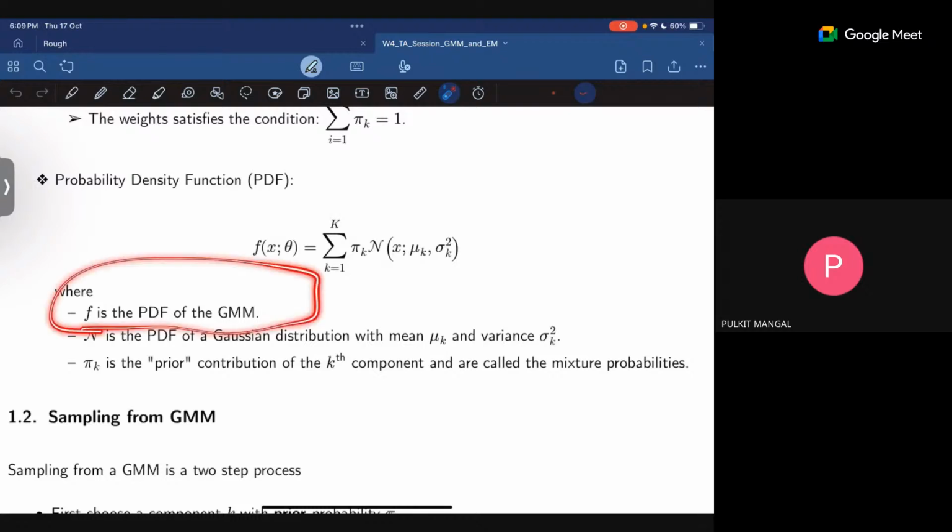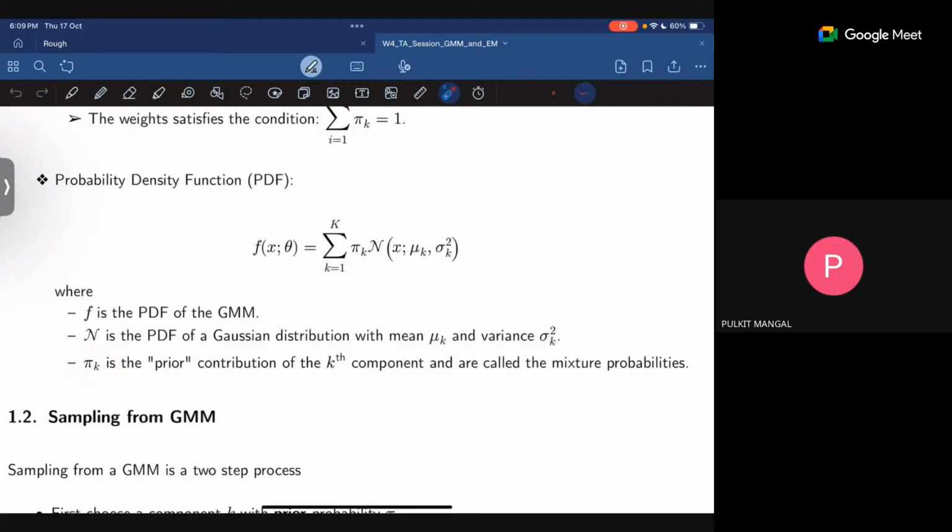In the PDF of the GMM, this stylish N denotes the PDF of the Gaussian distribution with mean mu k and variance sigma square k, because each component has its own mean and variance. That's why we denote it by mu subscript k, sigma square subscript k.